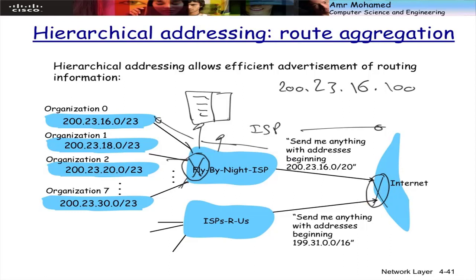So they don't really need to distinguish between them. There is a possibility that this service provider can save a lot of space on the routing table by saying that we will summarize or aggregate all these subnets.